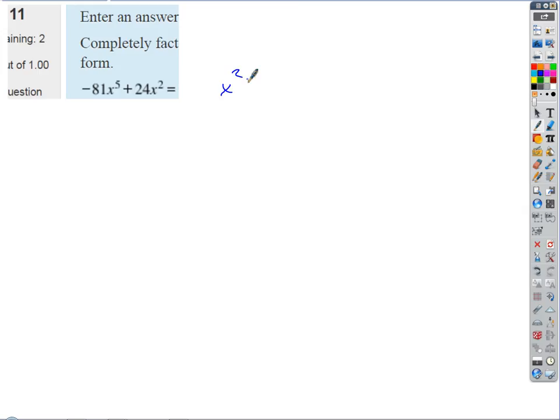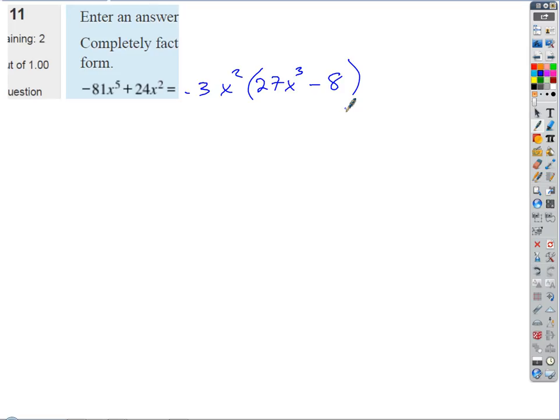Okay. So if we take out a negative 3, what are we left with then? 27 x cubed, is that right? Minus, right, because if I'm dividing away a negative 3 from 24, what am I left with? Yeah, right, does that make sense? Okay, so we got one factor out, that's good.